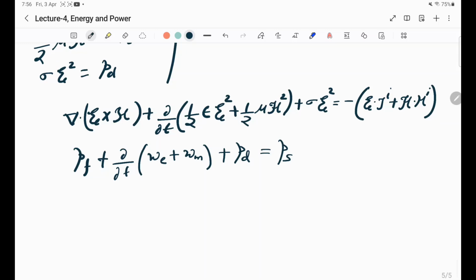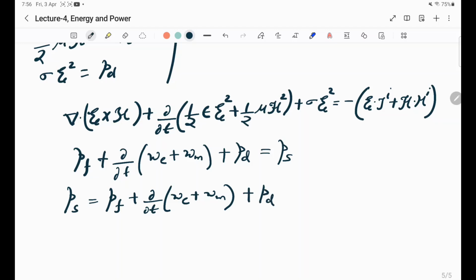Now in a more useful way, power supplied is equal to the power flux PF plus the stored energy densities, that is WE plus WM, and the dissipated power PD. So basically we have power supplied is equal to power flux plus the stored energy plus the power dissipated or the power loss.